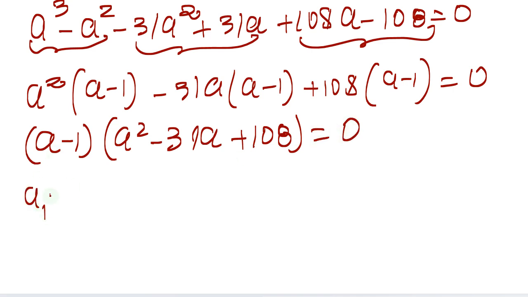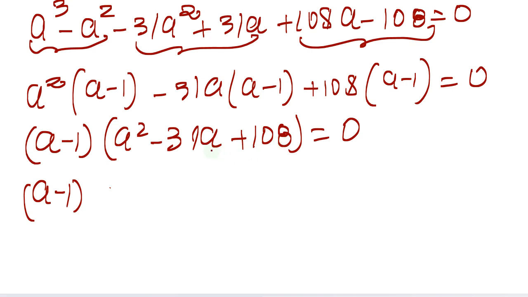So a minus 1 is equal 0, and then here we have a square. Actually, before doing this, I'm going to simplify it all at once. So let's keep factoring out. So a minus 1, right? And 4 is a root of this equation here.